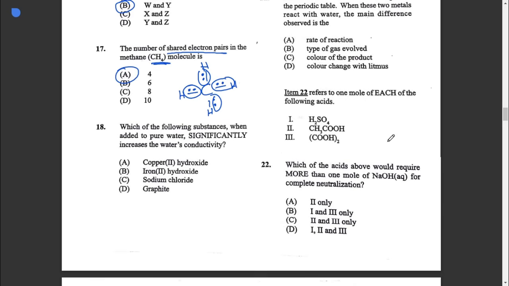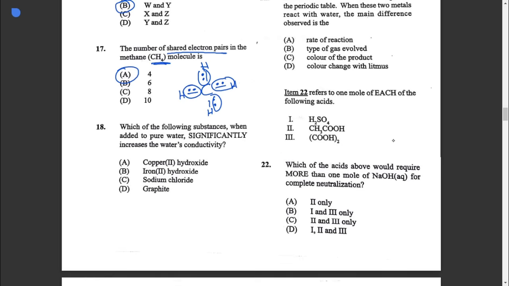Number 18. Which of the following substances, when added to pure water, significantly increases the water's conductivity? If we go back to our solubility table, you will find that all hydroxides are insoluble except sodium, potassium, and ammonium. Okay, so if we add copper hydroxide and iron hydroxide to water, we won't find much ion in the free state moving around to conduct any electricity.